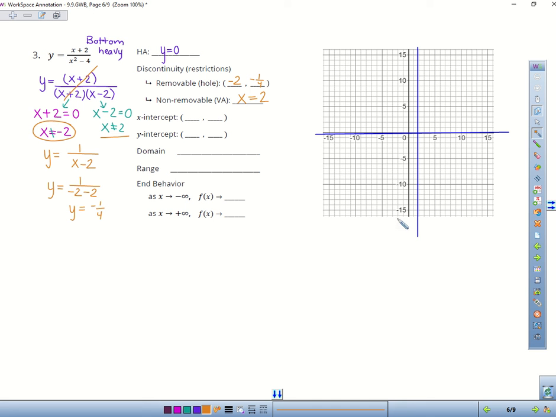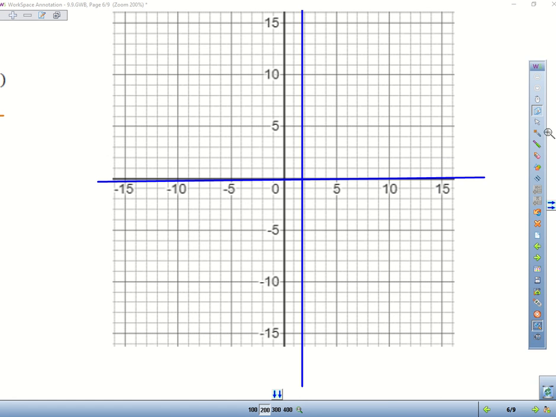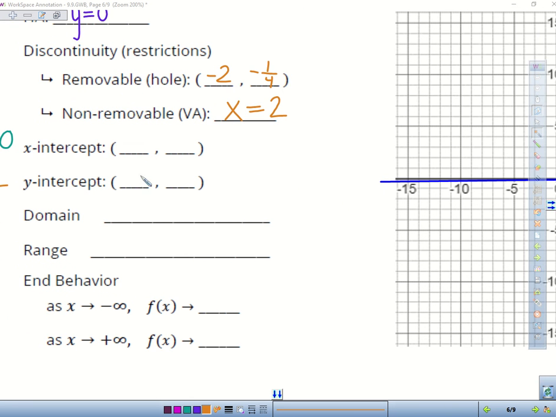So from here, I can use my table to get values. So it looks like I have an intercept at 0, negative 0.5, which is right here. So does everybody see how that is my y-intercept? And I'll go back to the graph, don't worry.